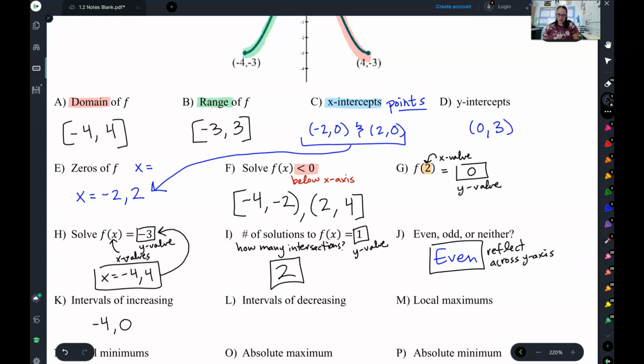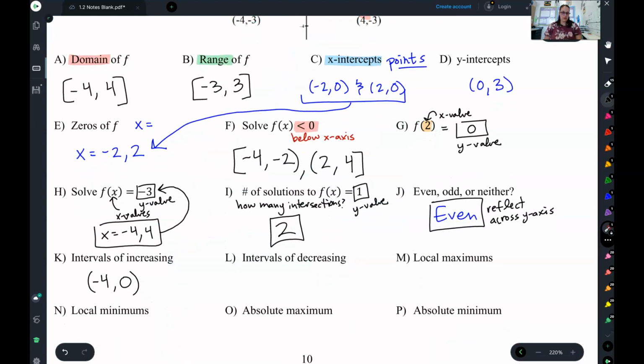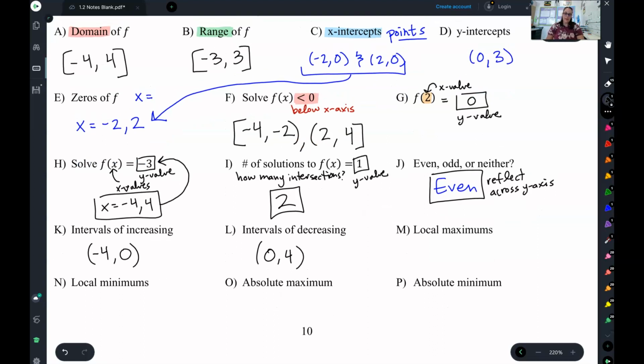Increasing is always parentheses, never brackets. Decreasing is from this point to this point. So from 0 to 4. Always parentheses, never brackets.